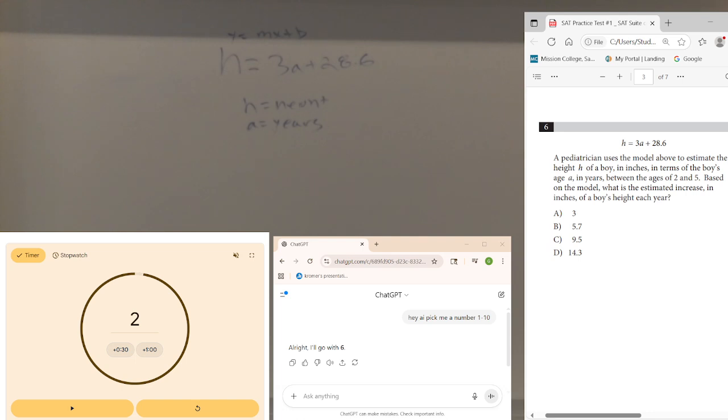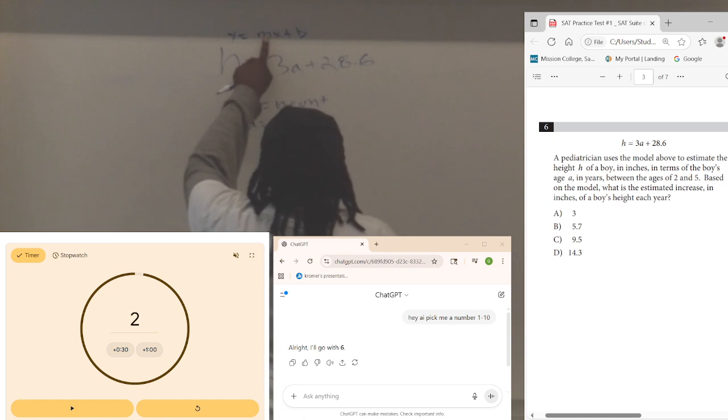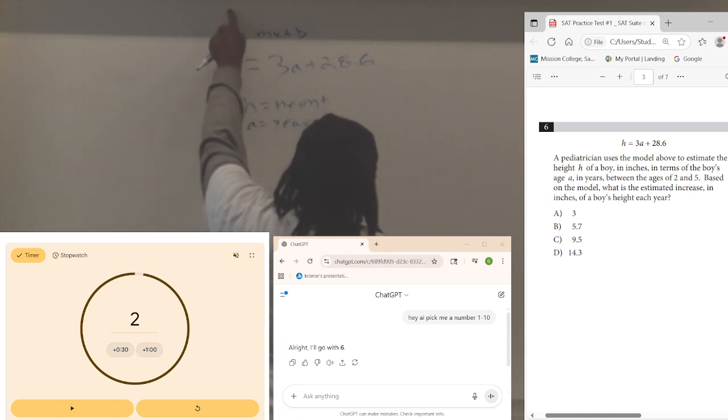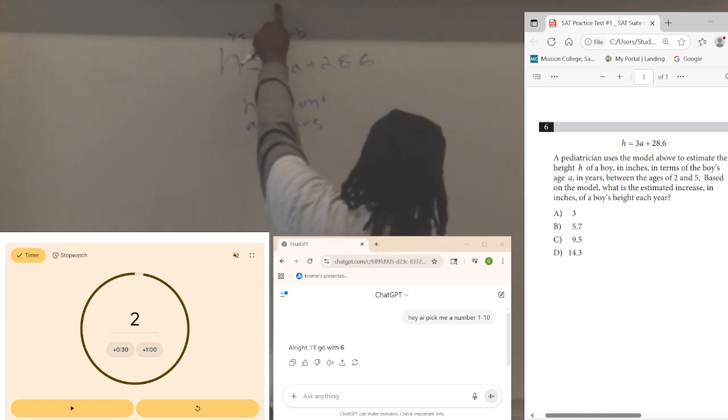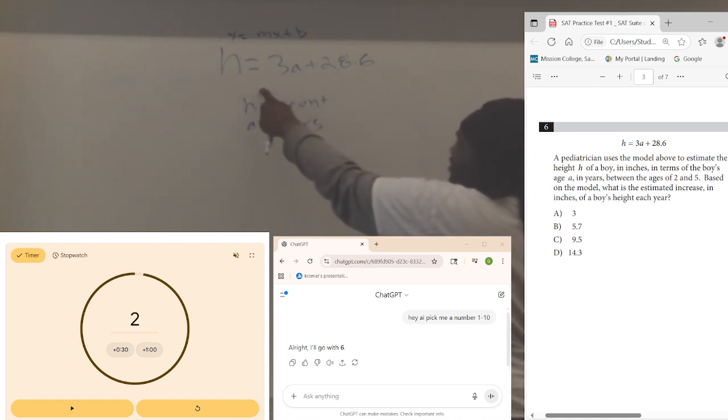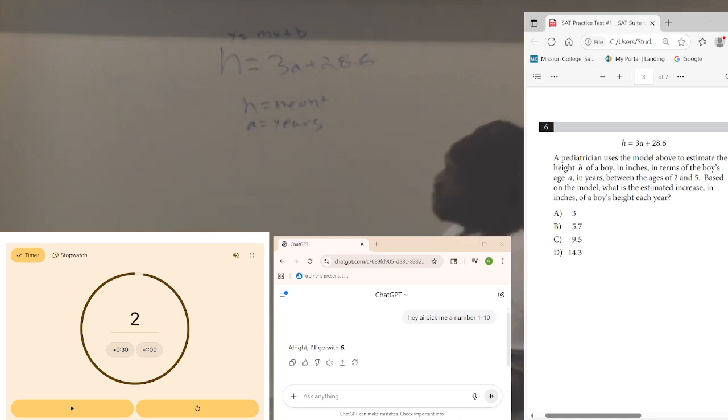So the slope m represents the change of height, h, with respect to years, x, right? We're just using that formula here. We're just essentially plugging it in. And what does that tell you? That tells you that your answer here is A, 3, okay?